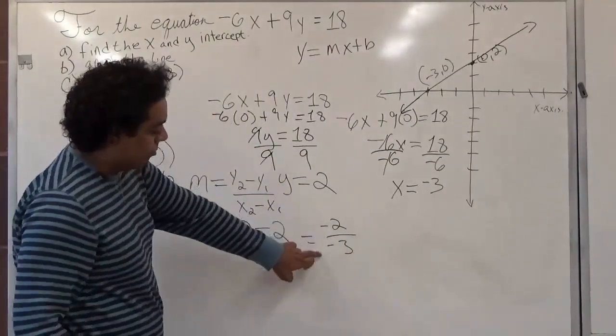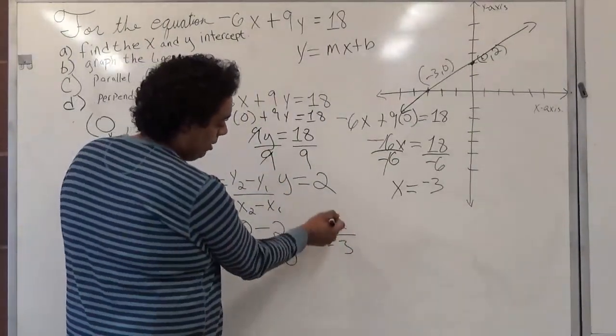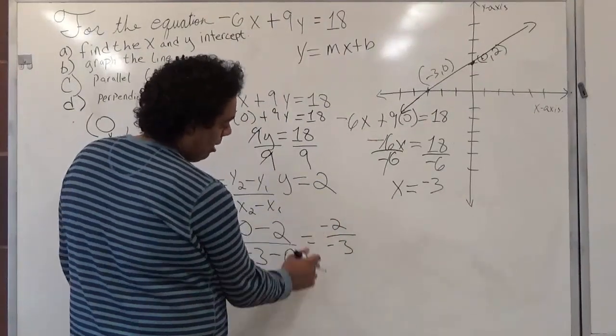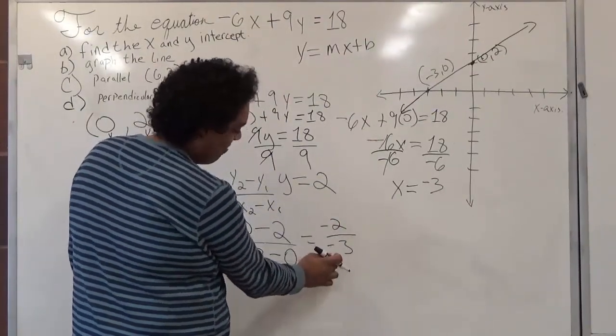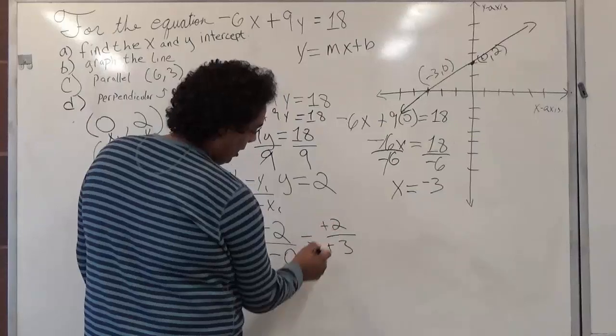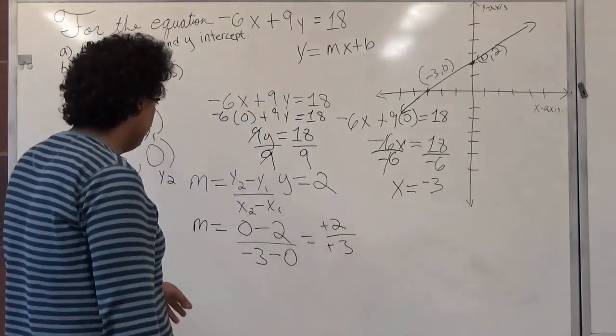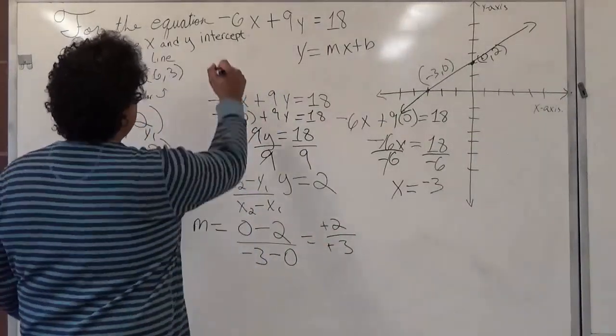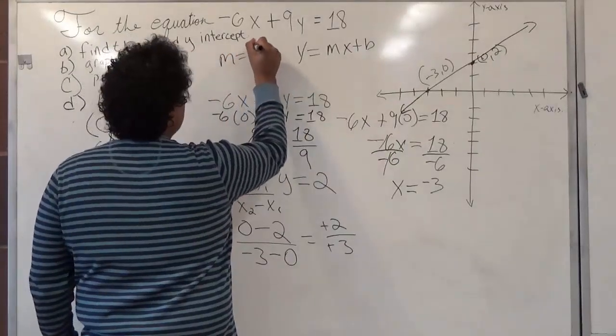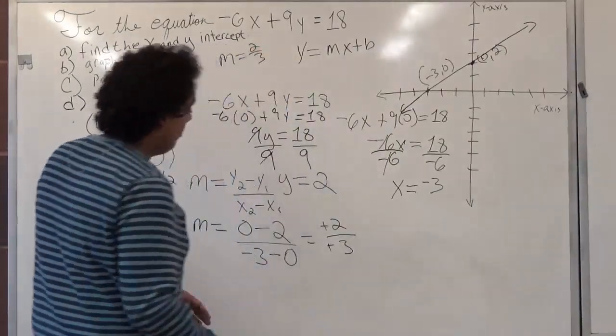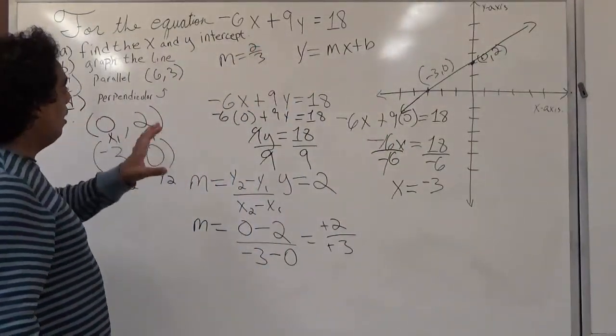Notice we have a negative in the numerator and in the denominator, so they're just going to cancel each other out and give us a positive. So our slope is 2 over 3. With that given, we have everything we need.